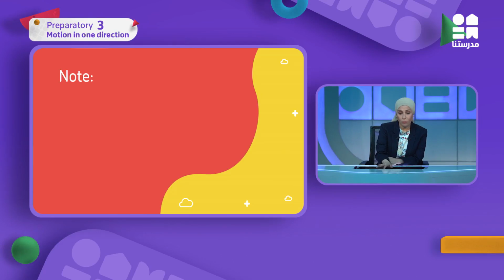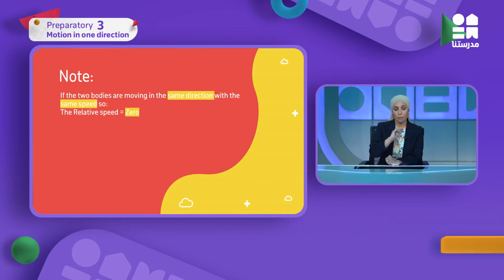Let's move now and take a note. If the two bodies are moving in the same direction with the same speed, complete. So the relative speed here is what? Let's see how. Me and my colleague are riding our cars in the same direction with the same speed.